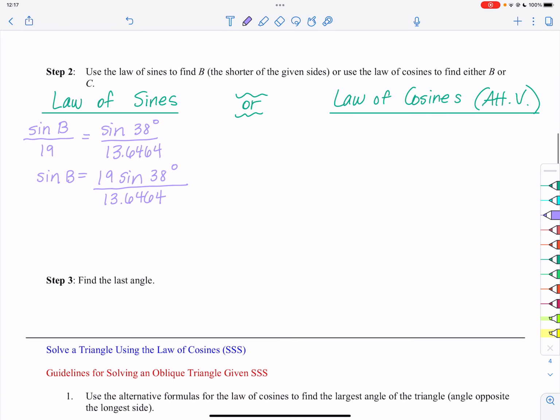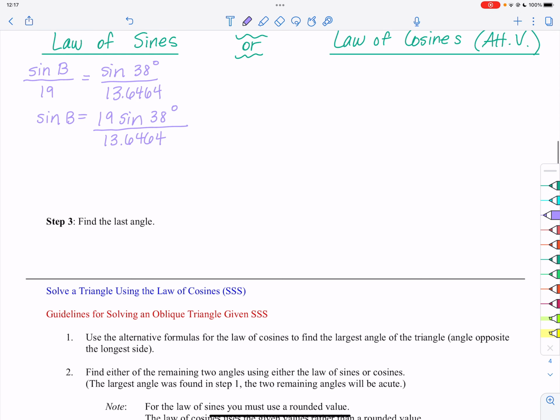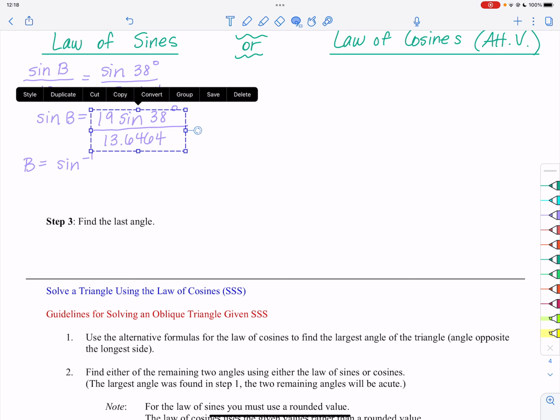And then we now know that B is equal to the sine inverse of this right here. I was going to try to copy that, but I guess I could just write it out.